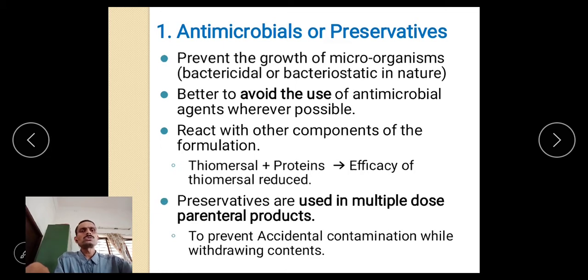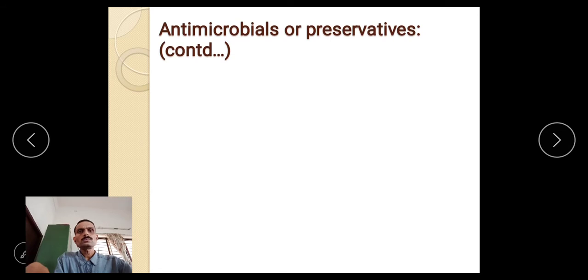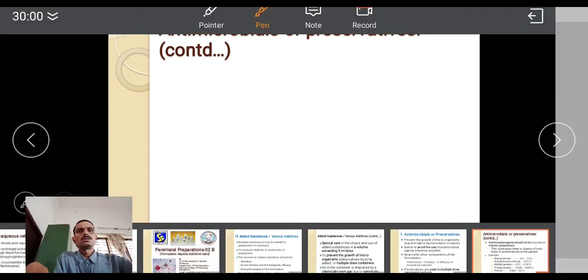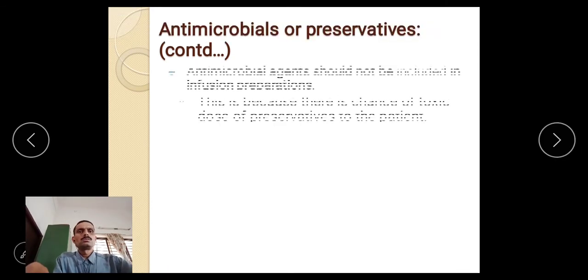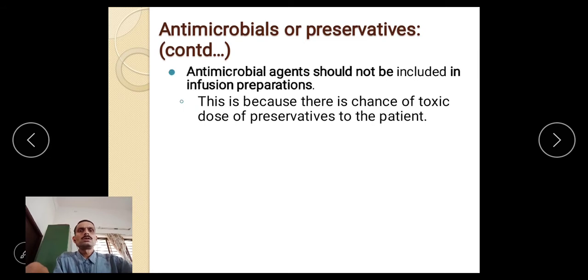Preservatives are used in multiple dose parenteral products, as I already told you, to prevent accidental contamination while withdrawing the contents. Antimicrobial agents should not be included in infusions, mainly in the case of large volume parenterals, that is more than 100 ml.